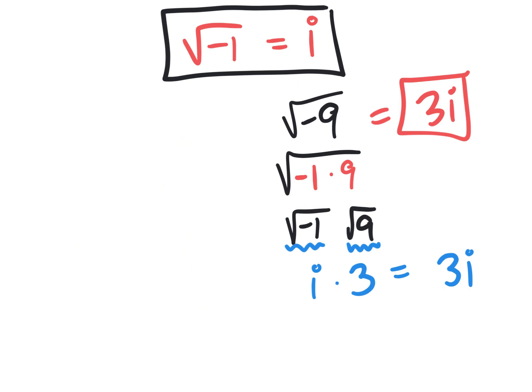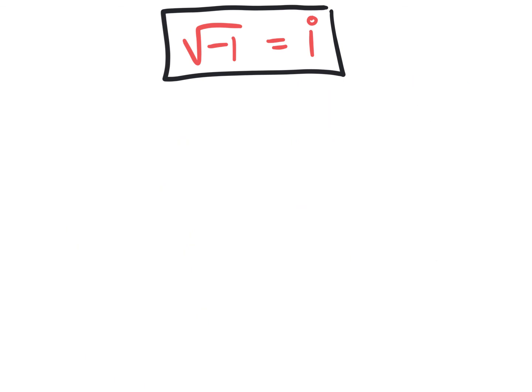Let me delete this as well. I'm sorry, I deleted it. What if I had the square root of -20? So you could show your work and rewrite it as -1 times 20, or you could just remember that this negative sign, when I take it out, that's going to make an i out there, right?